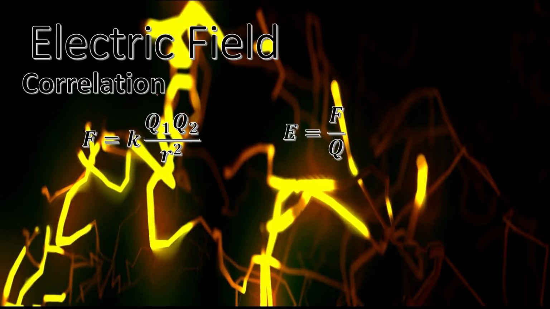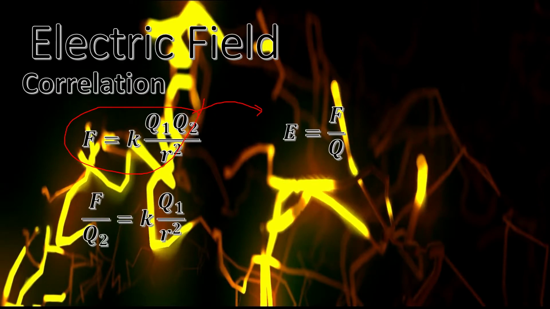So correlating the two, you can rewrite this equation to correlate with this equation. If two charges are apart from each other, let's say this charge Q1 is isolated and charge 2 is very small, we can derive this equation.